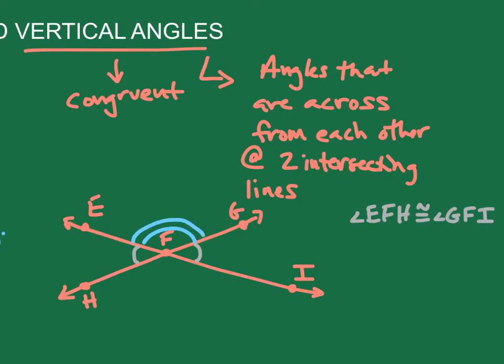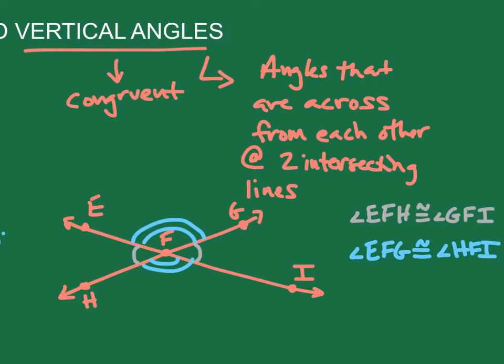Here I'm going to use two arc marks to show that those angles are congruent because they are across from each other. So then I would want to say angle EFG is congruent to angle HFI. Okay, and those are the statements that I can make.